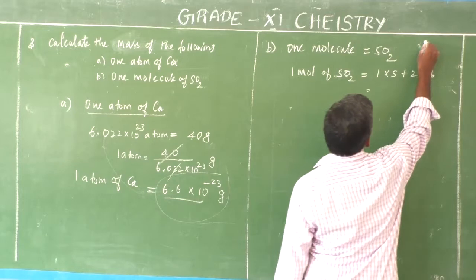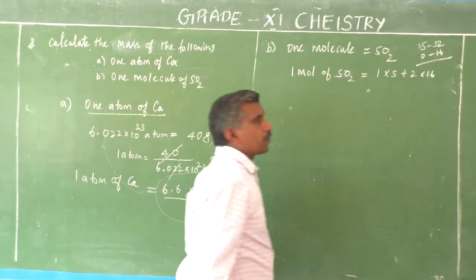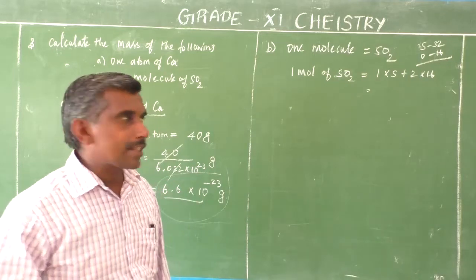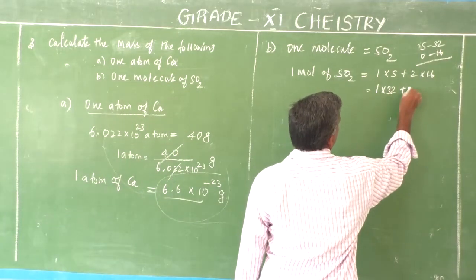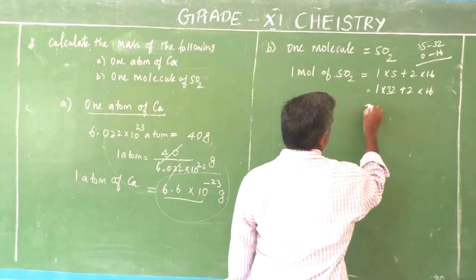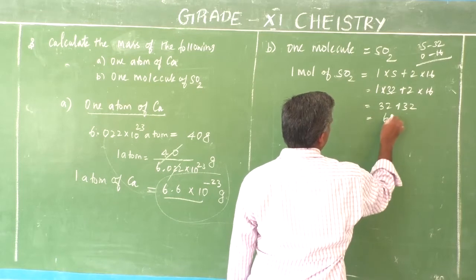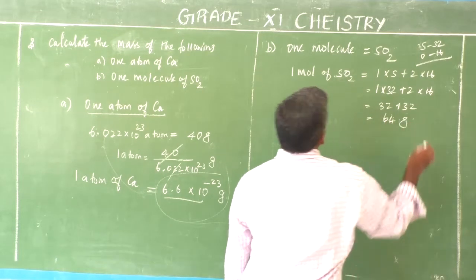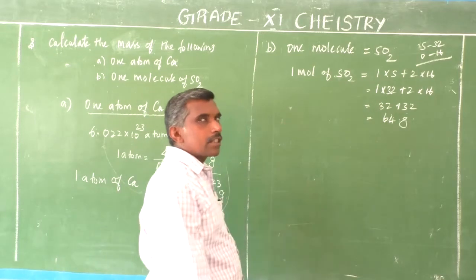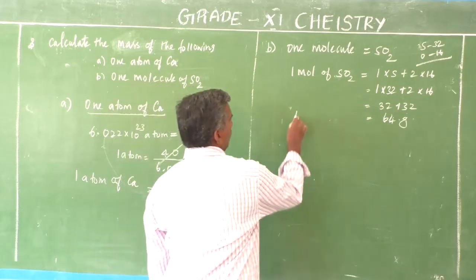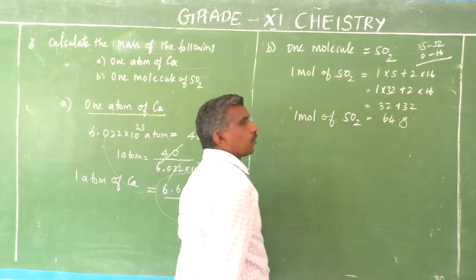Sulfur mass is 32, oxygen mass is 16. So 1 into 32 plus 2 into 16 is 32 plus 32, which is 64. So 1 mole of sulfur dioxide is 64 gram.